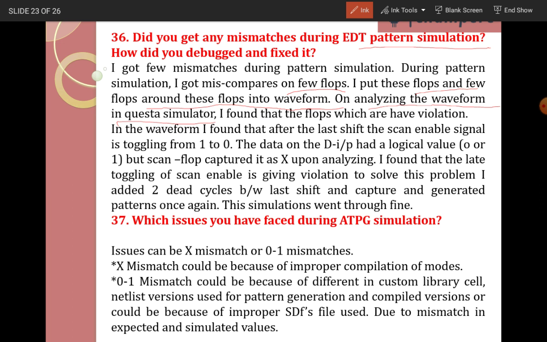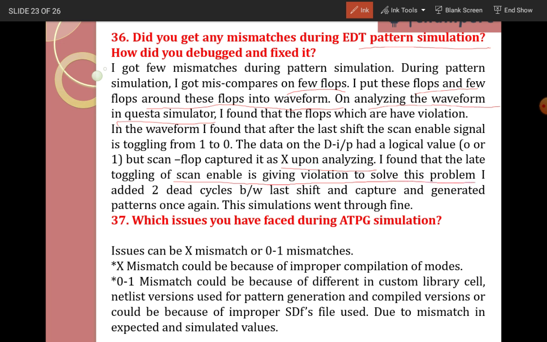In the waveform, I found that after the last shift, the scan enable signal toggled from 1 to 0, the data on the D input had a logical value 0 or 1, but the scan flop captured it as X. On analyzing, I found that the late toggling of scan enable was giving the violation.